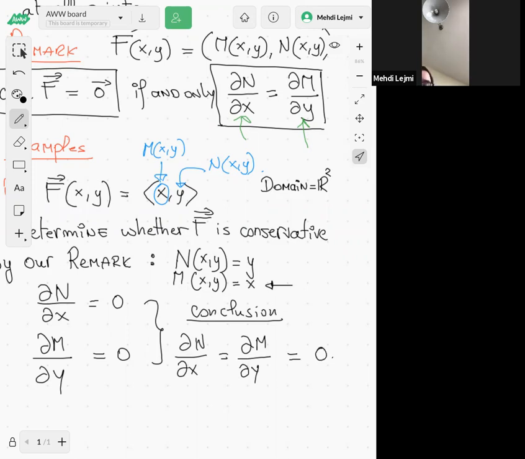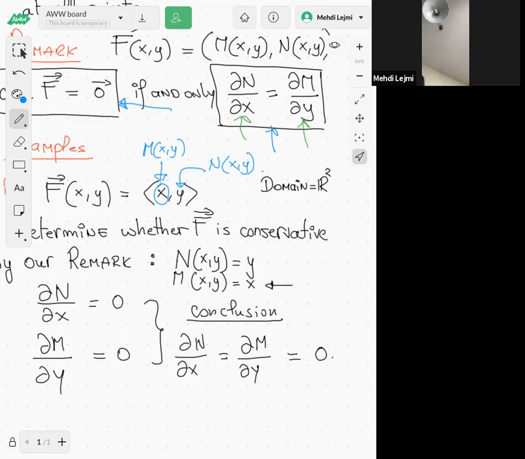So if the derivative of N with respect to x is equal to the derivative of M with respect to y, then we can conclude that the curl of the vector field F is the zero vector, and so your vector field F is a conservative vector field.